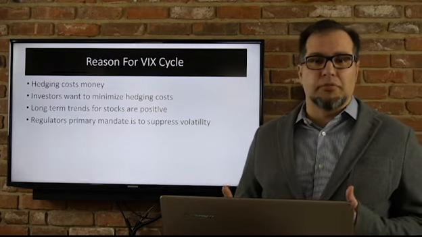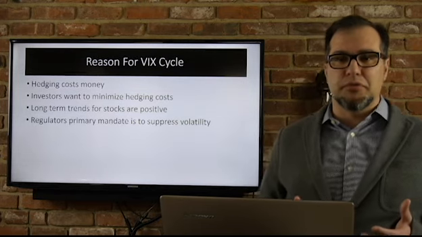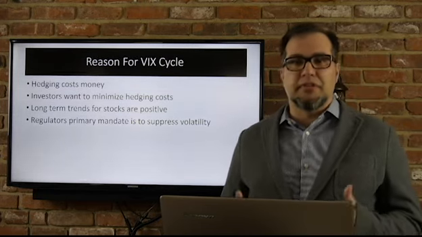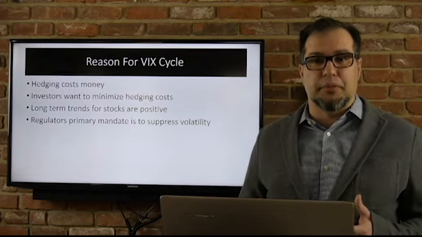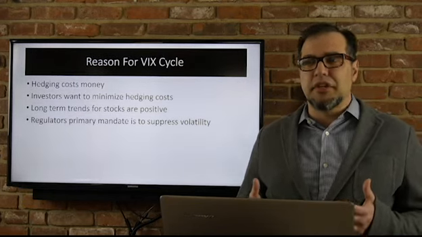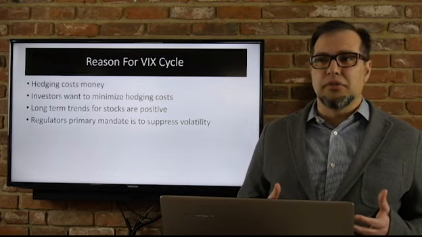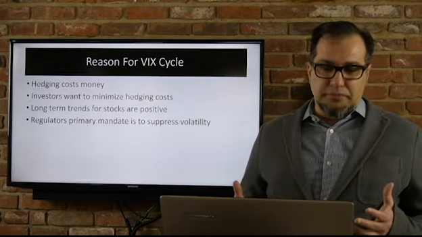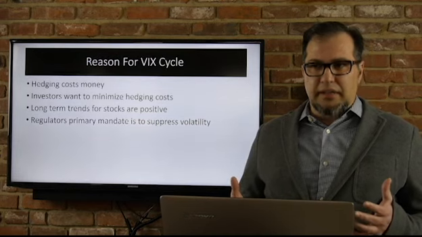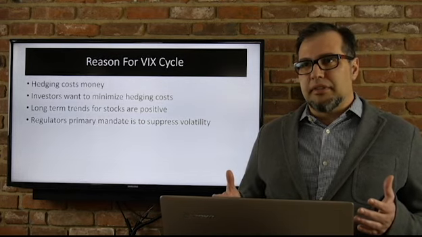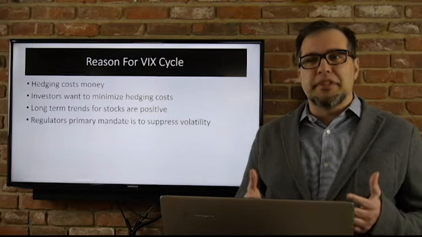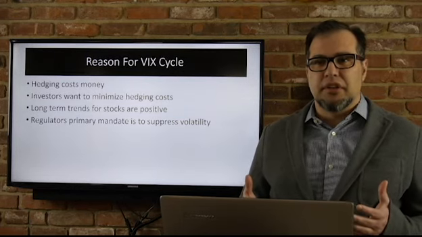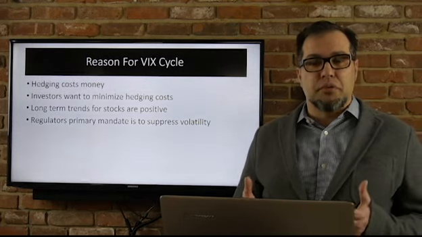People will always want to beat the market, they always want to do well, so they try to minimize their hedging costs as much as possible. As such, investors really don't hedge until there's a really good reason to. That is the primary reason why investors always rush to hedge in panic.